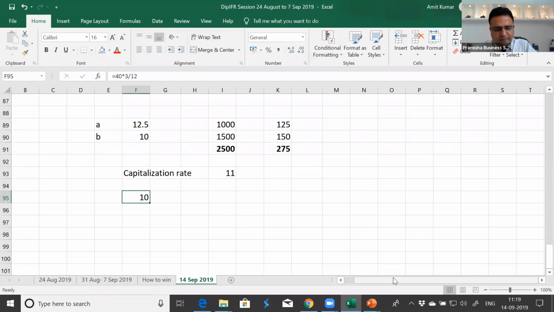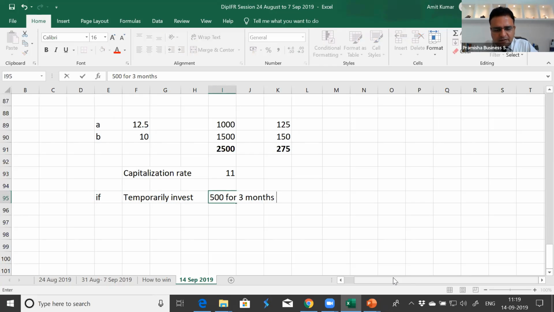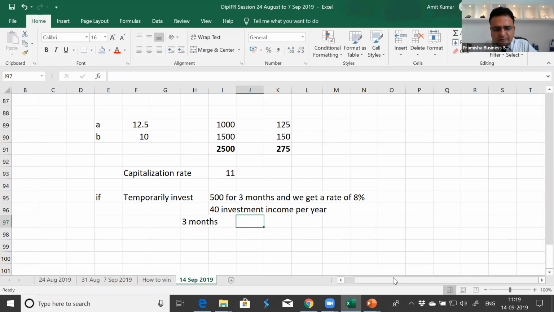So if we temporarily invest, I'm just assuming it, if we temporarily invest our specific borrowings of 500 for 3 months and we get a rate of 8%, we'll get 40 investment income per year. So for 3 months, it is 40 into 3 by 12, which is 10.